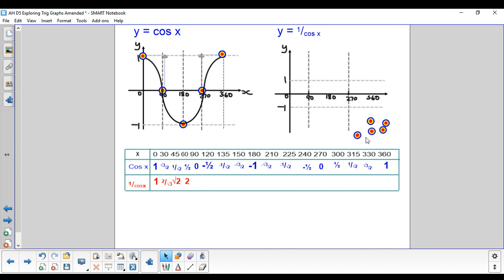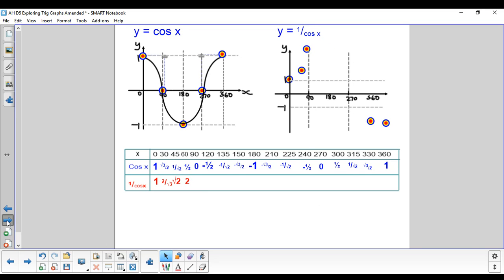So let's look at this. At 0 you get 1 out, and actually 1 over cos x you get 1 out, so it's here. And then I'll jump to 60 because it's a little bit easier to plot. At 60 you're at 2, so let's say 60 is about here and you're going here, and then when you get to 90 you've got 1 over 0 which goes undefined, and it's like that.